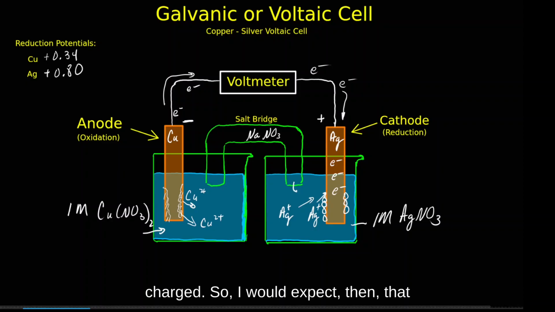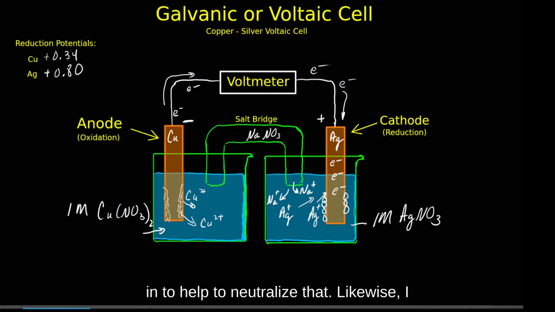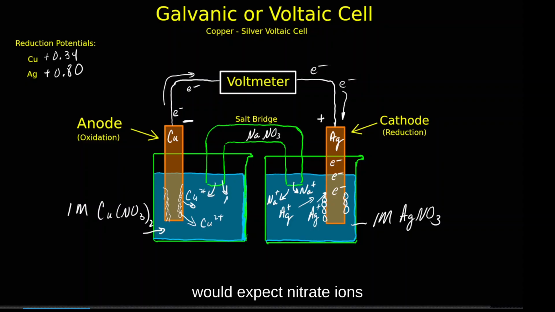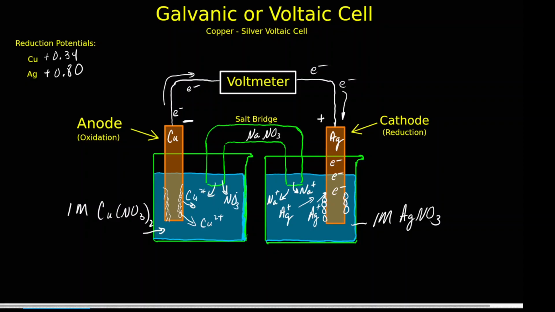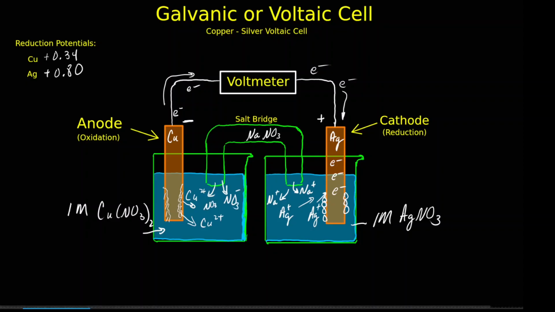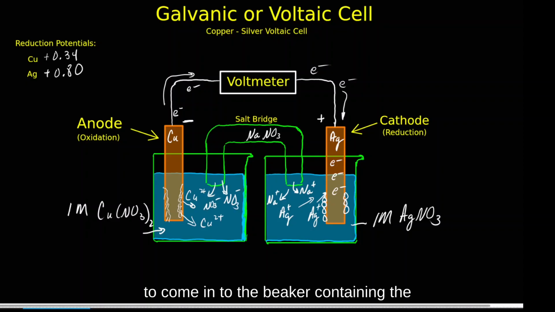So I would expect that sodium ions from the salt bridge will come in to help neutralize that. Likewise, I would expect nitrate ions to come into the beaker containing the copper electrode.